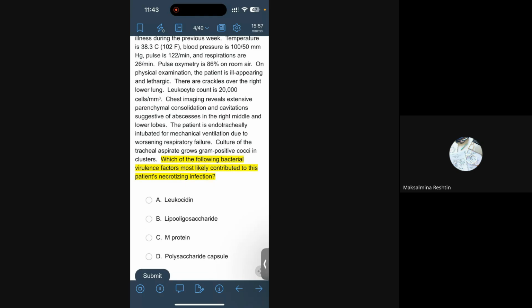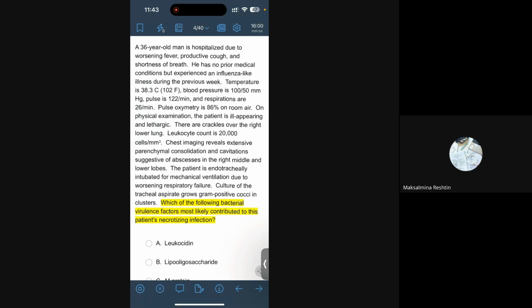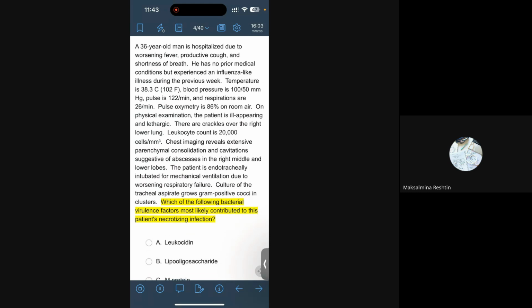Patient with necrotizing infection. Worsening fever, productive cough, shortness of breath. He has no prior medical condition but experienced an influenza-like illness during the past week. Temperature is 38.3, blood pressure is 100 by 50, pulse oximeter is 86%.